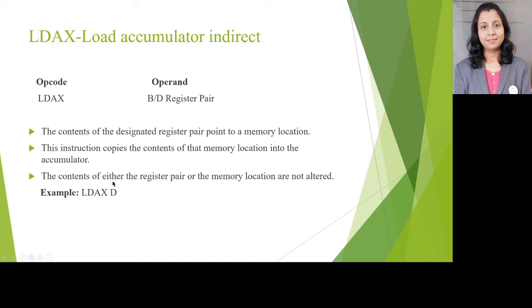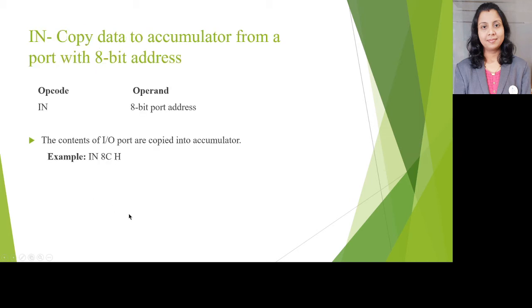The contents of either the register pair or the memory location are not altered. Example is LDAX D. The contents of the memory location pointed to by the register pair DE are copied to the accumulator.